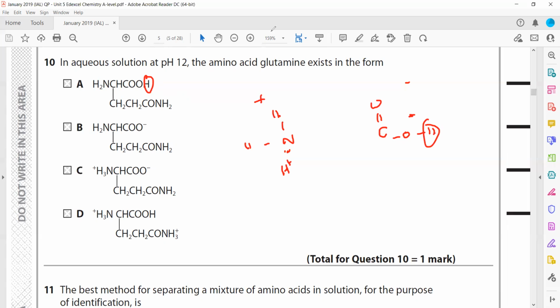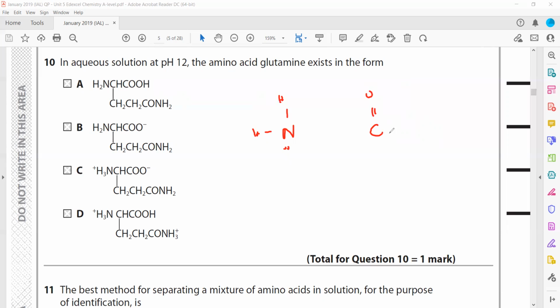This is in a neutral solution, but now in the question they're saying the aqueous solution has a pH 12. pH 12 means alkaline solution. So in alkaline solution, what will happen? Amino acids contain an amine group and an acid group as well. Because pH 12 means alkaline solution, which part will react?